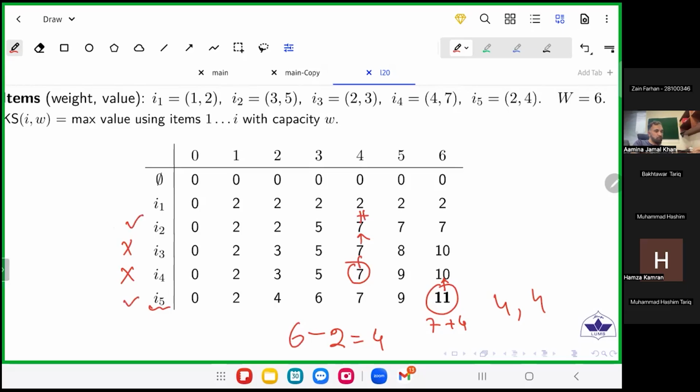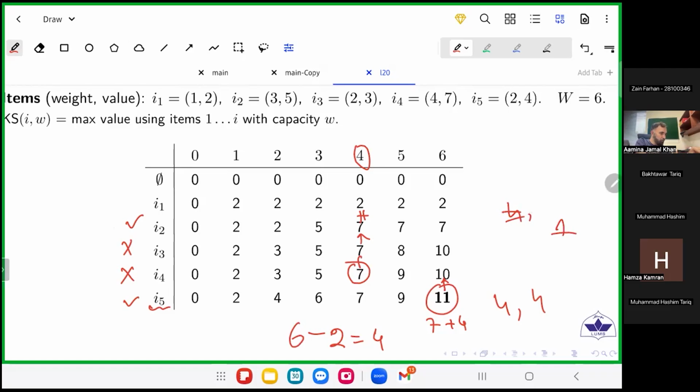Okay, and then what you do is you remove the capacity of item 2 from the current capacity 4, and then you figure out what the next cell is. So item 2 का weight आपके पास 3 है, तो 4 में से आप 3 निकालें तो you will end up with 1.